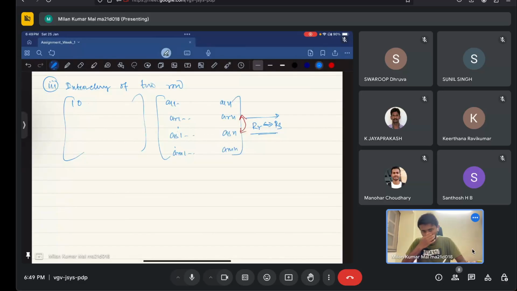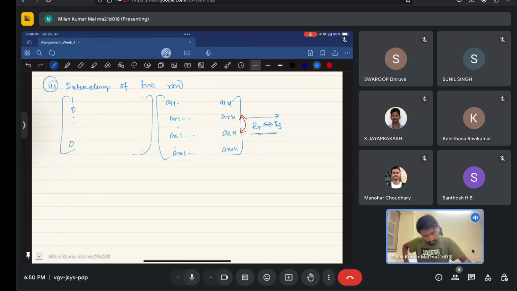Suppose R is initially here, so R will be below and S will be here. So this will be like this. I'll just write it as a matrix also, not a problem: 1 0 0 0, this is the thing.